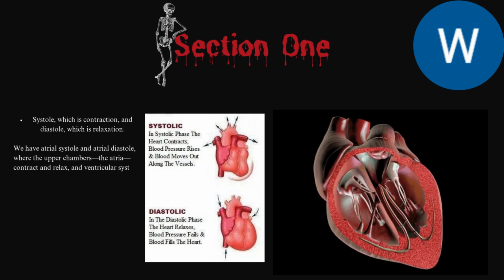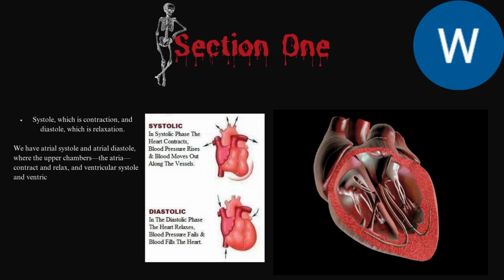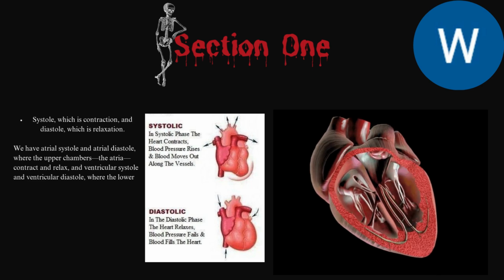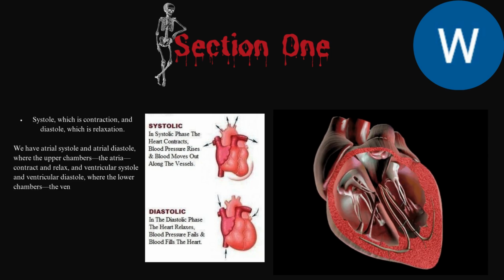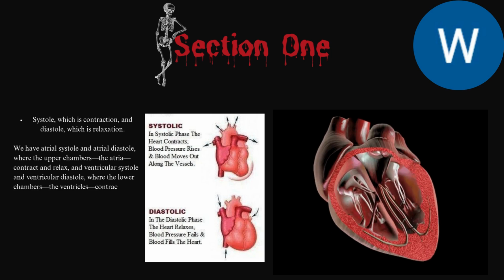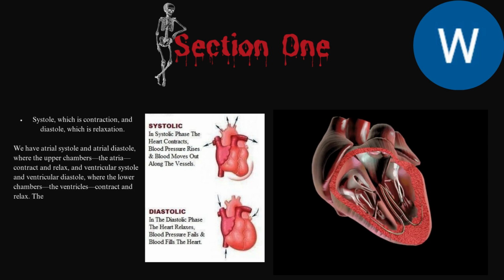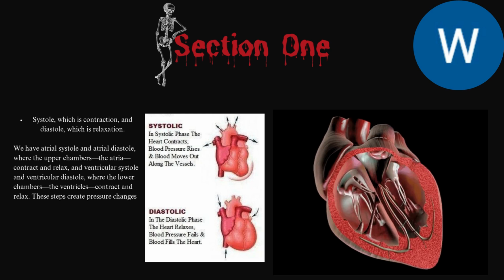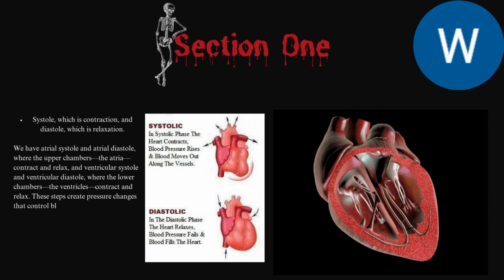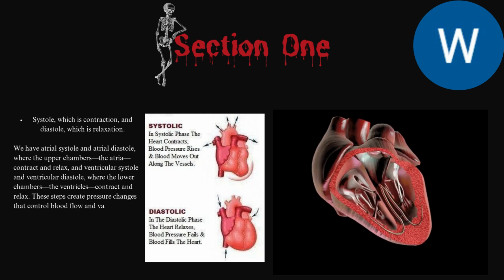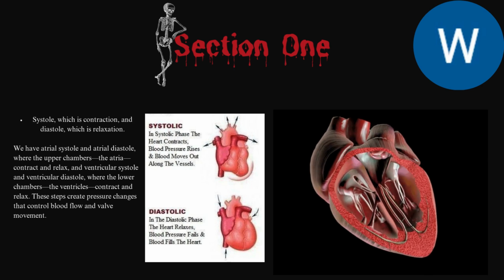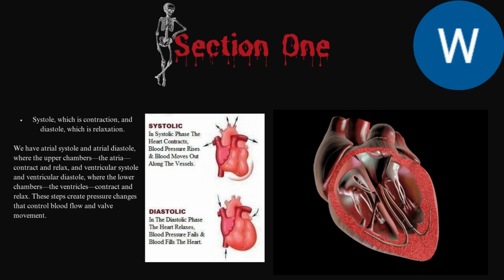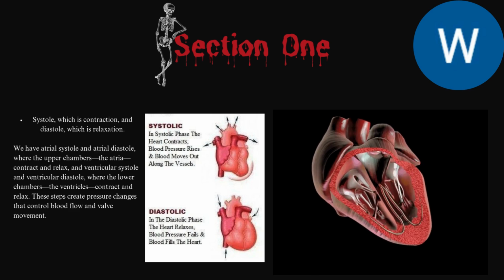As you can see in the middle picture here, the systolic phase is when the heart contracts, the blood pressure rises, and the blood moves out along the vessels. As you can see by the arrows, they're moving outward, going to different parts of the body. And then we have the diastolic phase, where the heart relaxes, the blood pressure falls, and the blood fills the heart, which is why the arrows are coming in, because the blood is coming in.